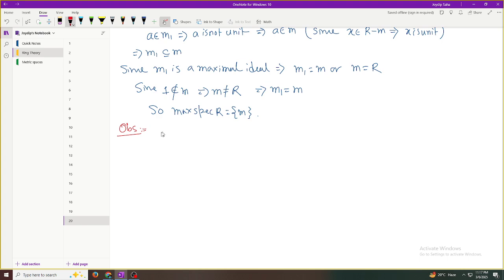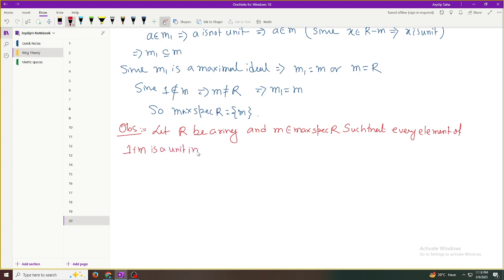So let R be a ring and M belong to max spec R such that every element of 1 plus M is a unit in R. Then R is a local ring.